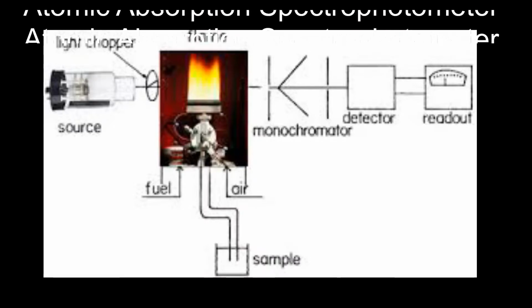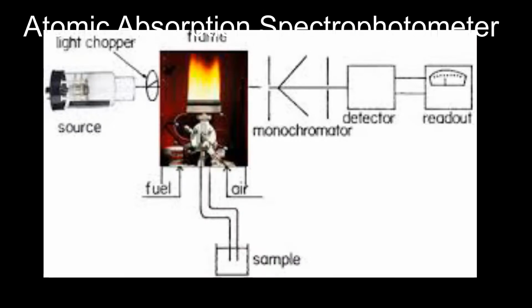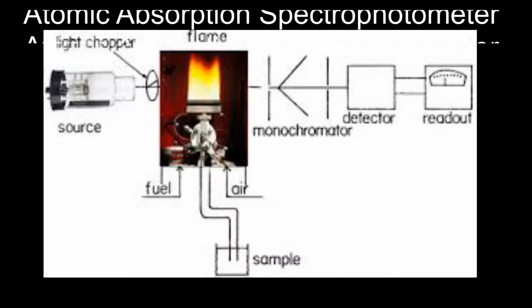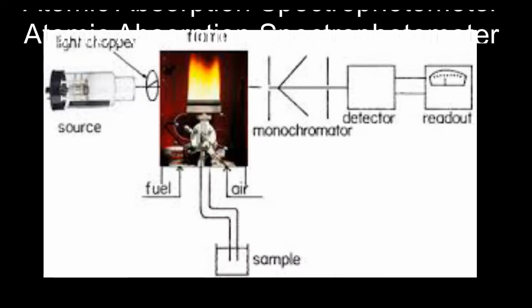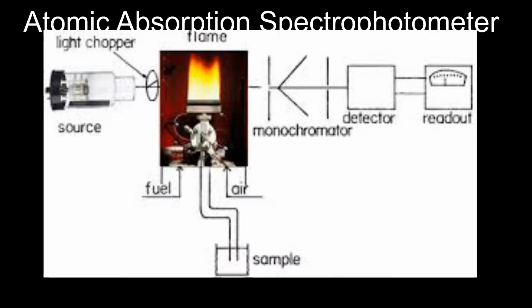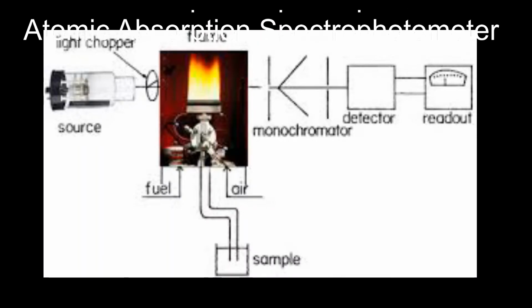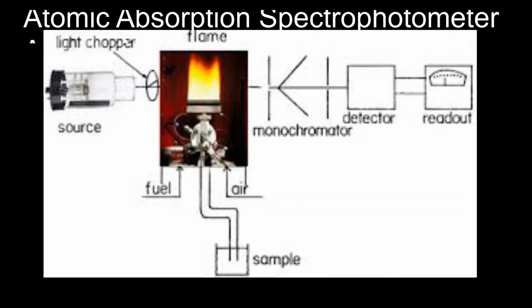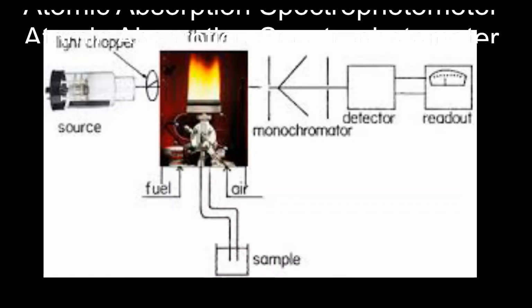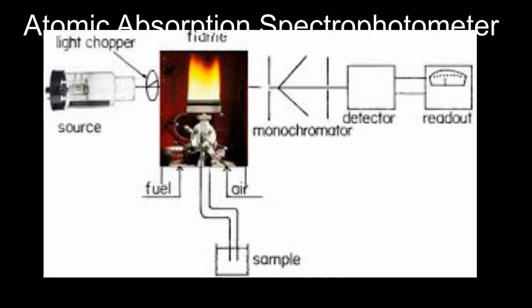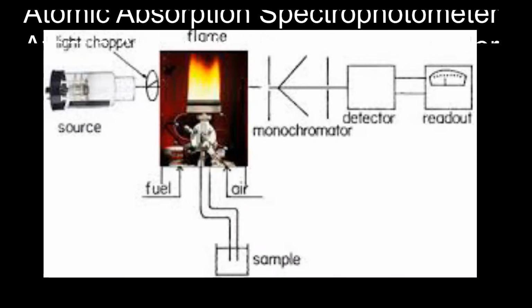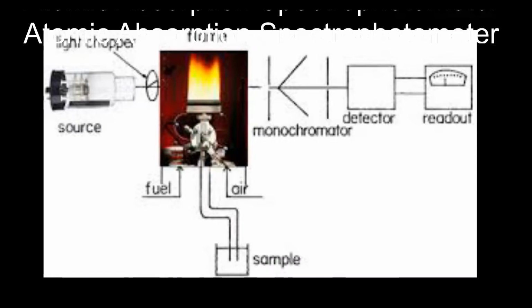Chopper is a rotating wheel which breaks the beam of light coming from the hollow cathode lamp and produces a pulsating or alternating current in the photomultiplier tube. This current is then amplified as in an AC electronic amplifier.